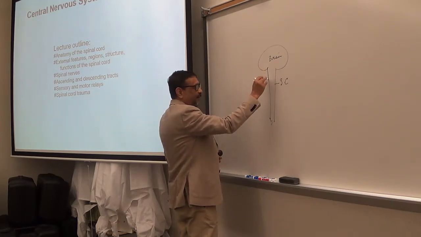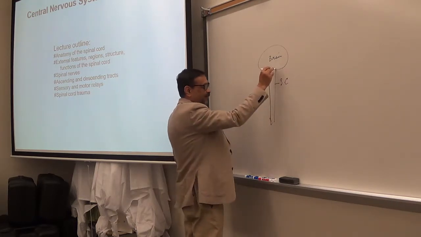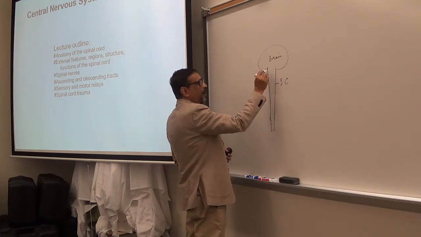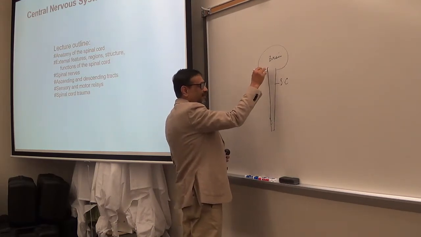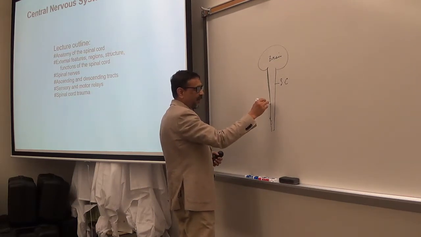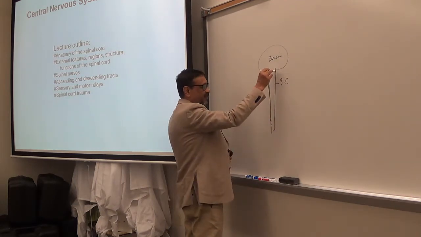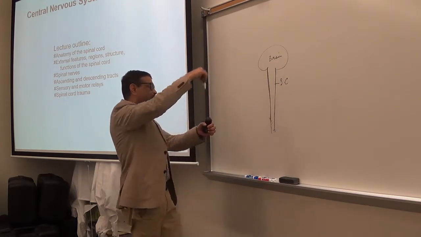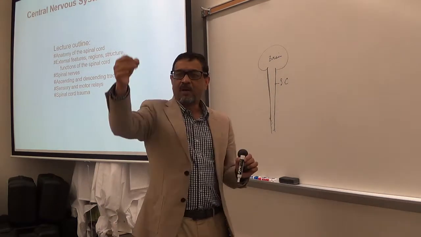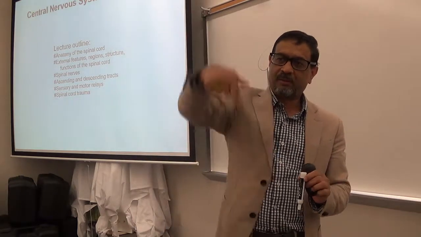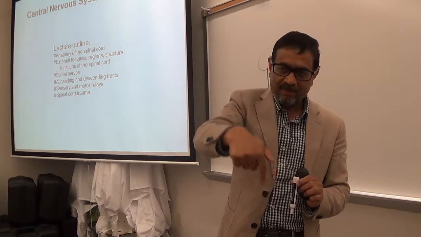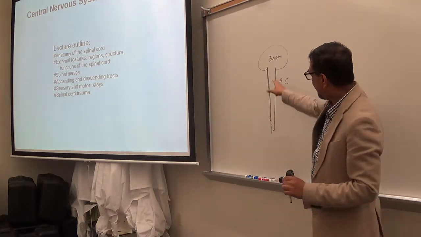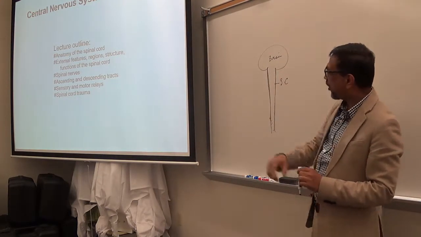If you see the spinal cord from outside, it is a cord-like structure that descends from the brain and passes through the vertebral canal. So inside the vertebral column, you have a canal, and the spinal cord passes through it.